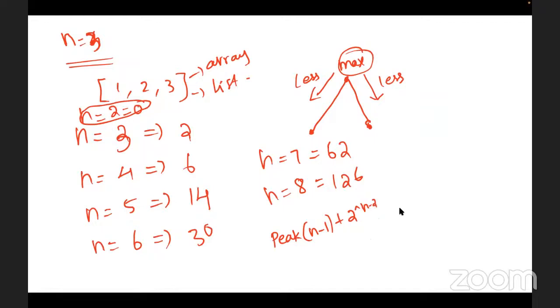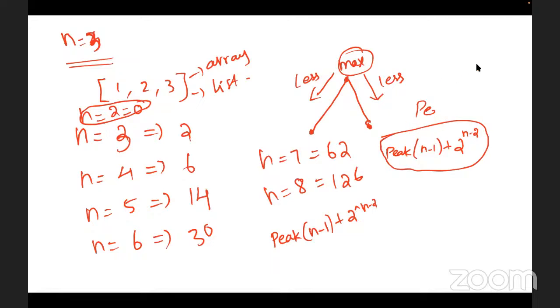Okay, this is the formula you wrote, right? So peak of n minus 1 plus 2 power of n minus 2. Am I right, sir? Yes. Good. So I got a formula here and it's working fine.